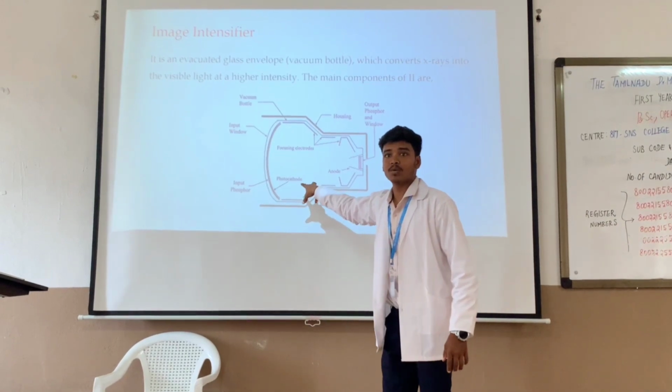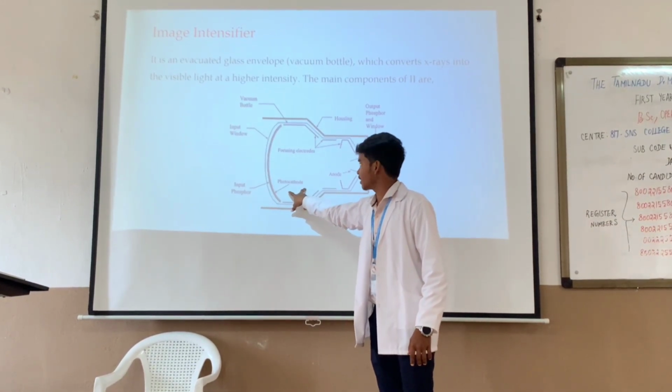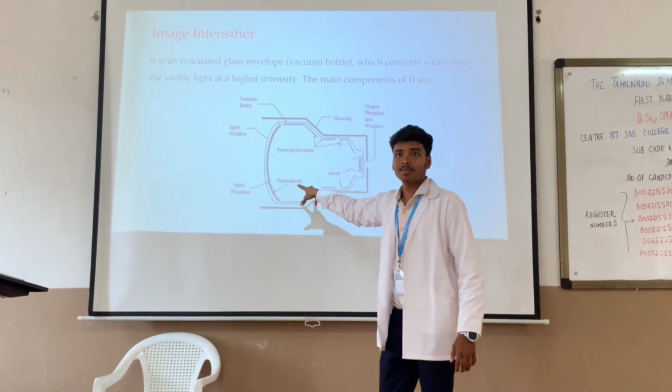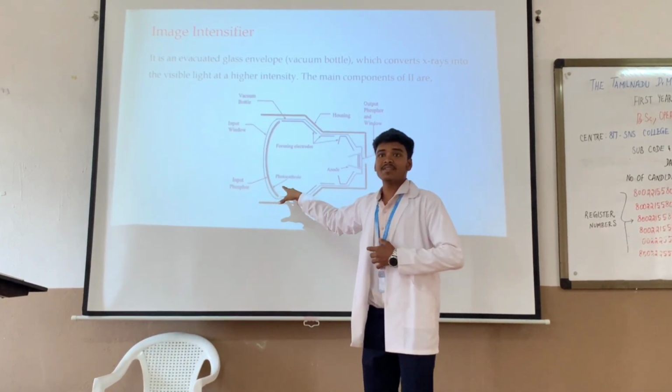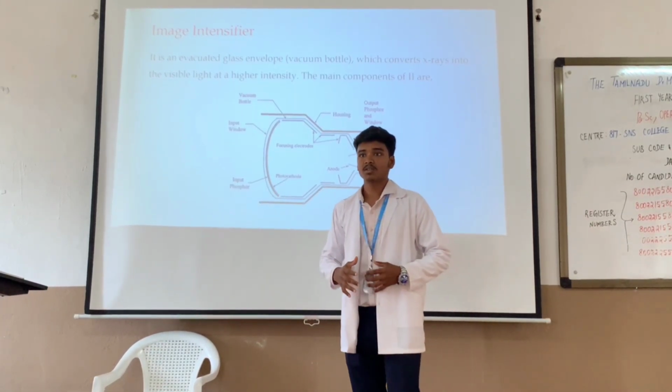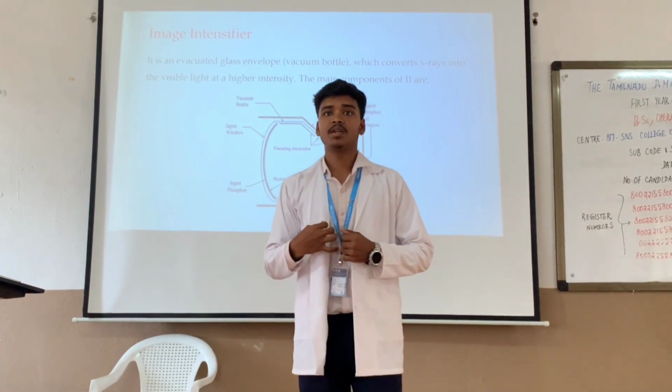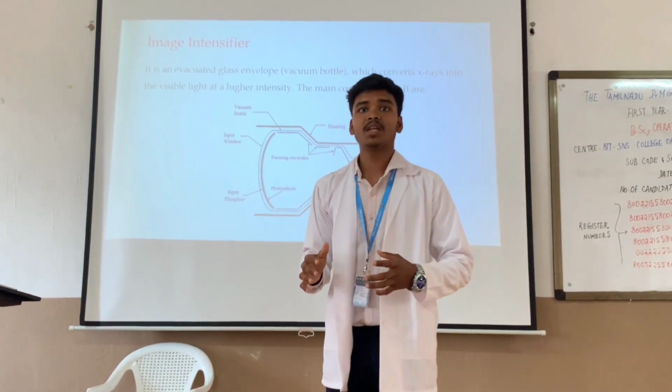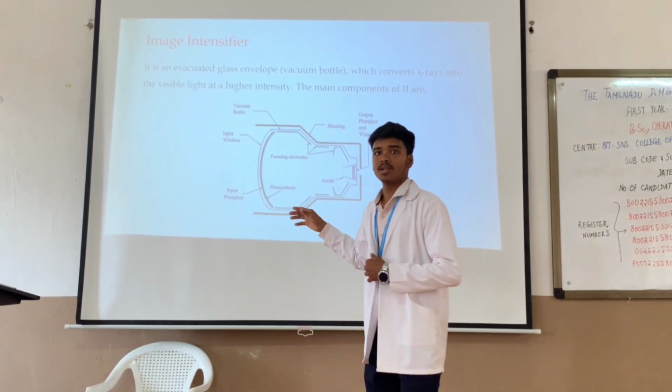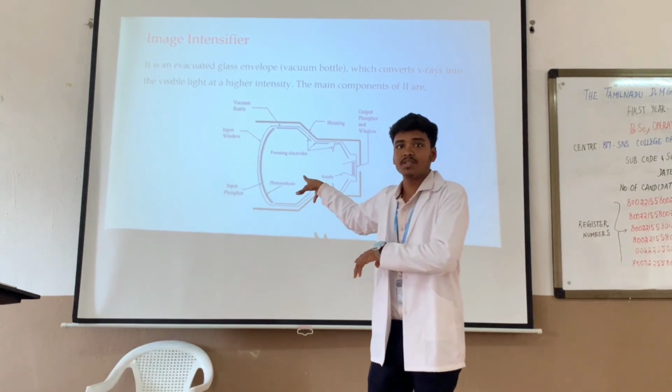If air is present inside the glass envelope, the X-rays will interact with the air, so the image data would be erased. So in order to maintain the vacuum, we can increase the image quality.